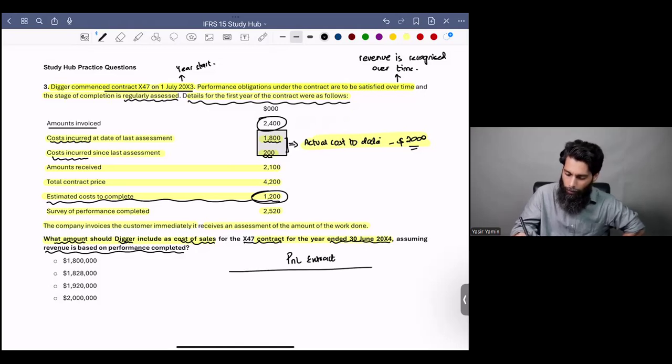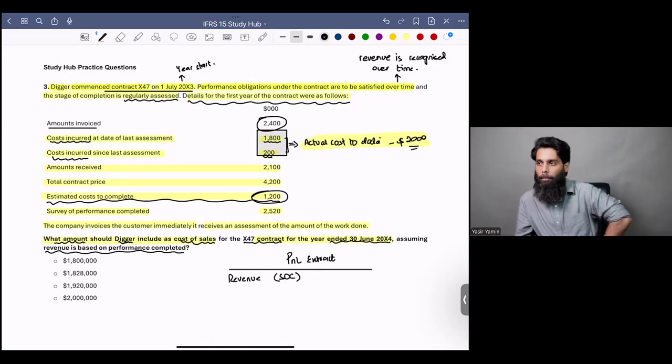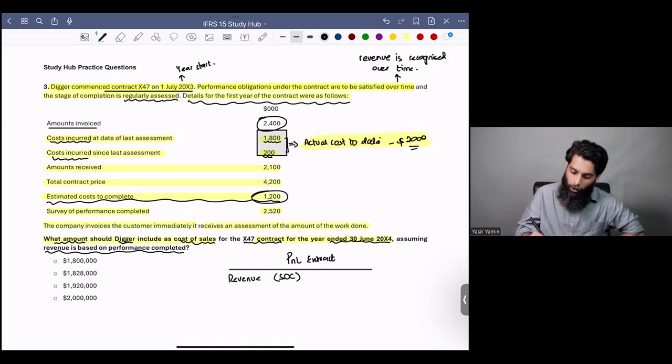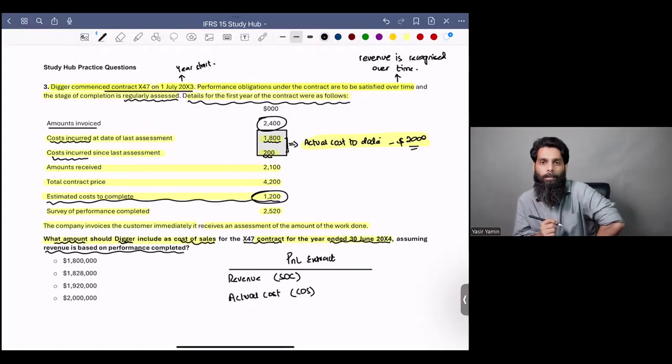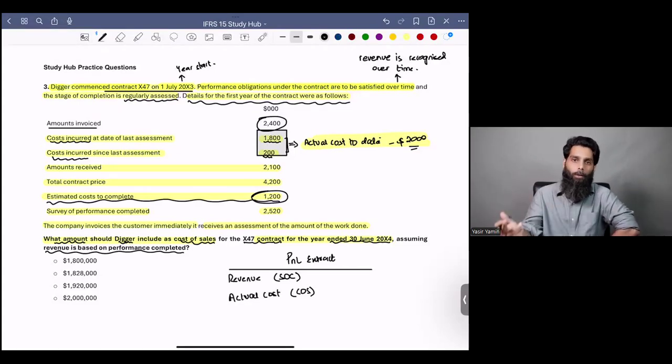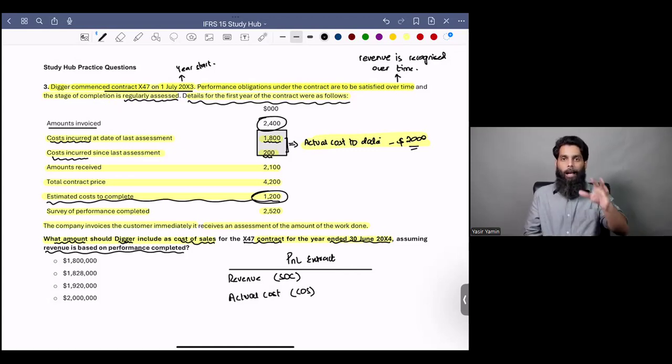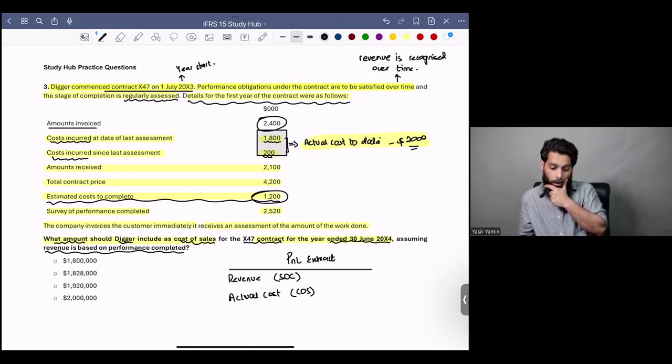Revenue was supposed to be recognized based on stage of completion. Remember? And I told you for the purpose of the FR exam, whatever actual cost is incurred to date is always charged into cost of sales. So you don't even need to think or work out anything. These types of lengthy questions come into your exam. At a glance, you will see, oh, this is such a technical question.